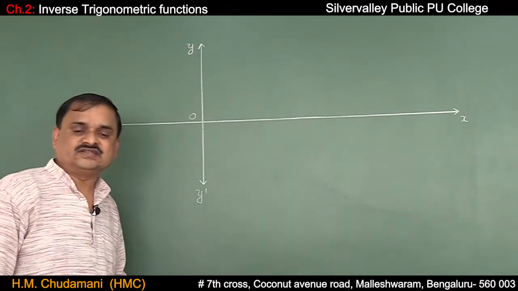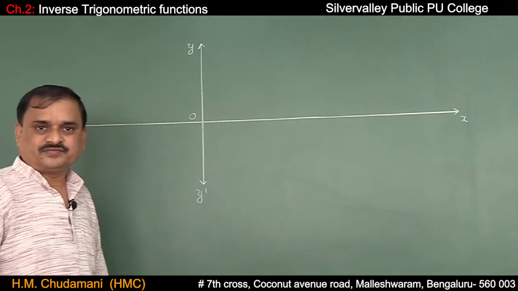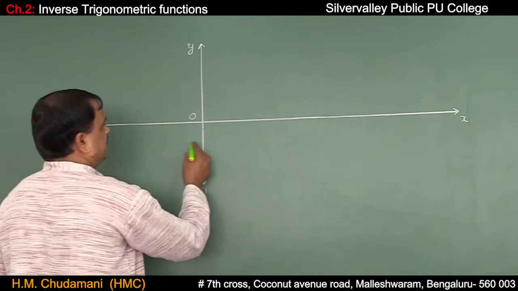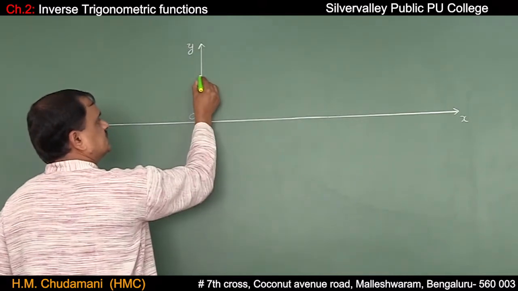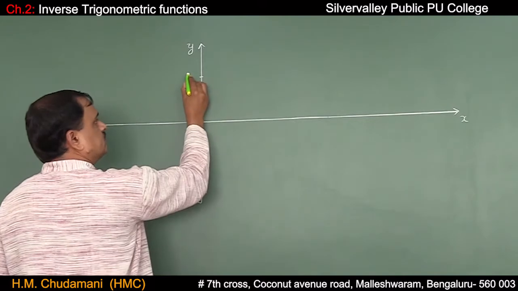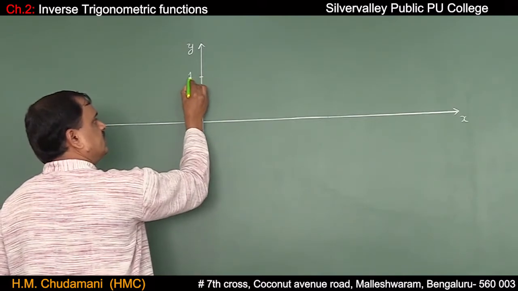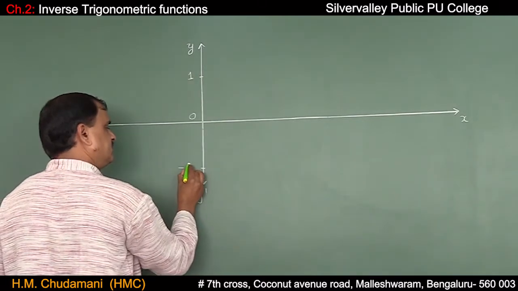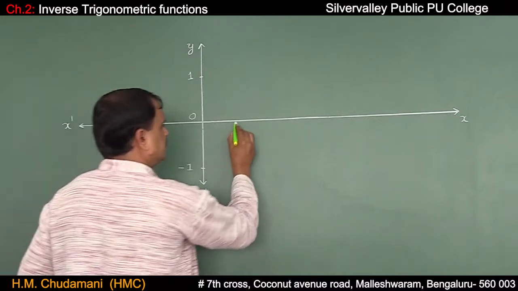For that, let us consider the graph of the sine function. X-axis, negative x-axis, y-axis and the negative y-axis. The maximum value of y is plus 1 and the minimum is minus 1.